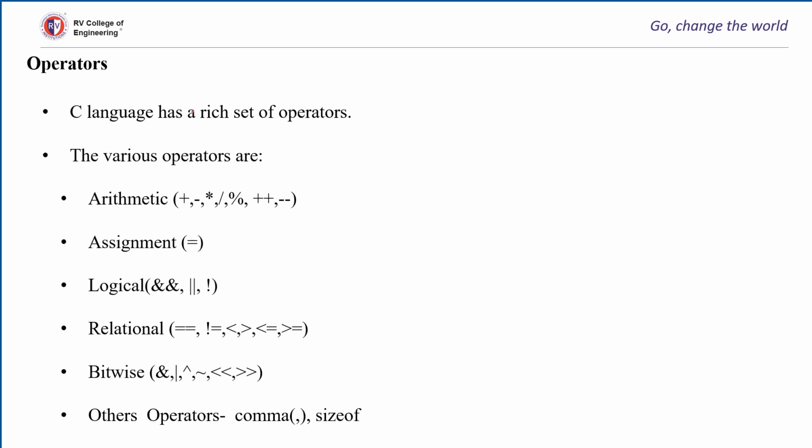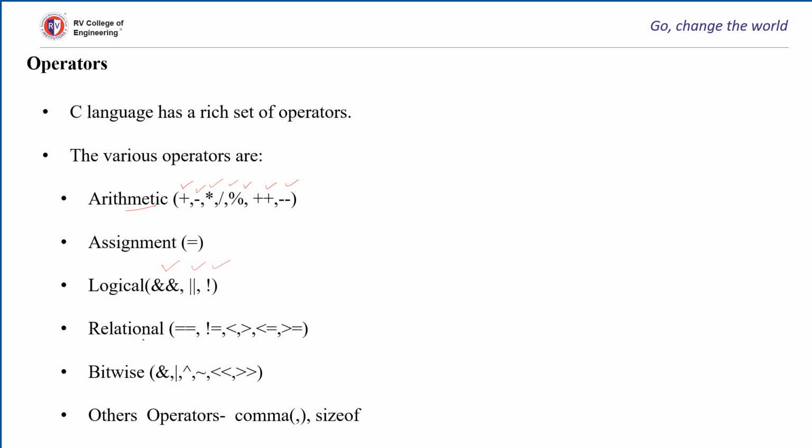Operators. C has a rich set of operators. The various operators are arithmetic operators to perform arithmetical operations like addition, subtraction, multiplication, division, modulus, increment, decrement operations; the assignment operator in order to assign values; logical operations like logical and, or, and not.